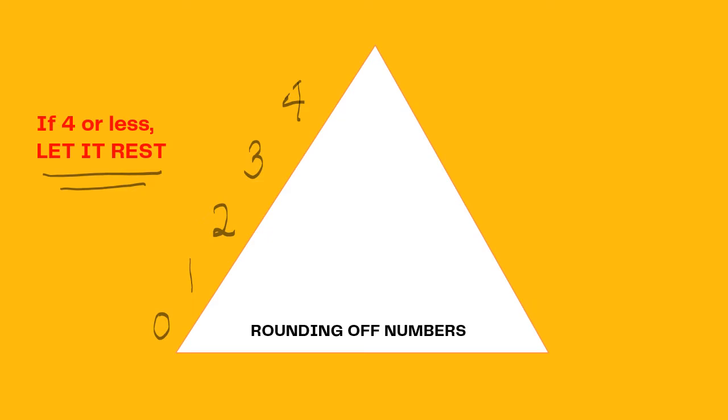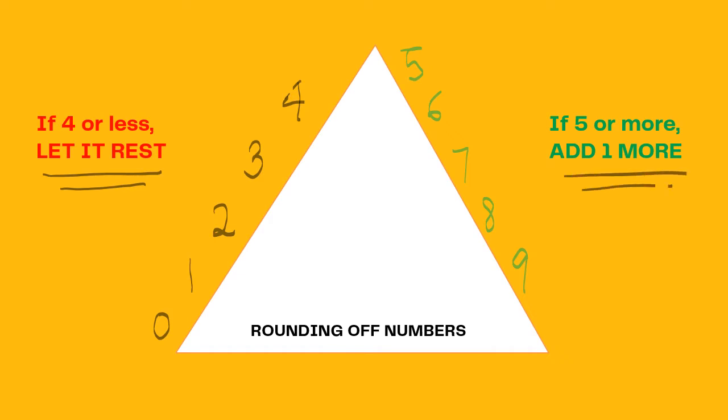Then our numbers on the right are 5, 6, 7, 8, and 9. So what happens to numbers on the right? If 5 or more, add 1 more.